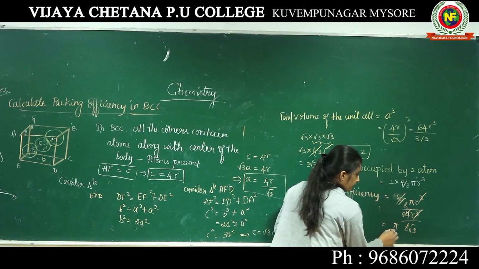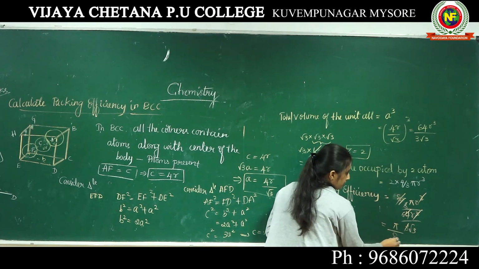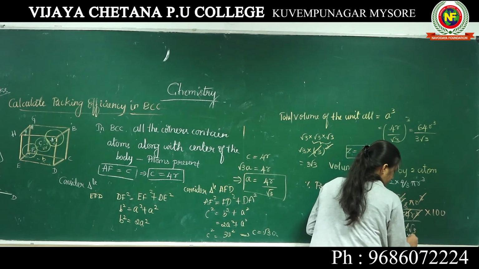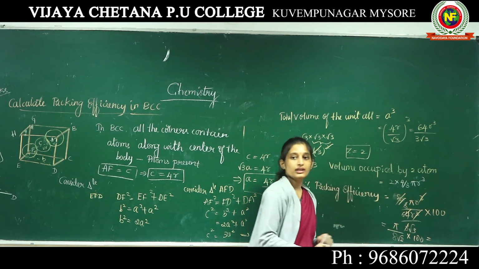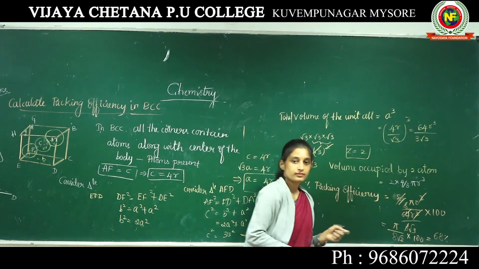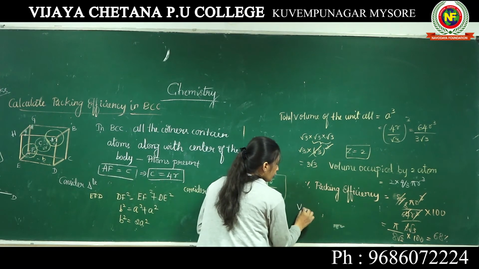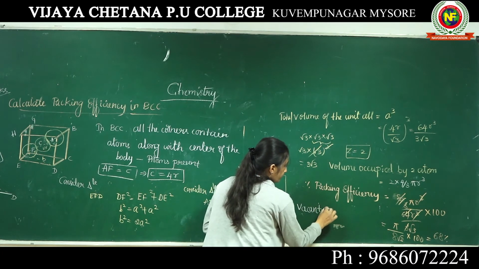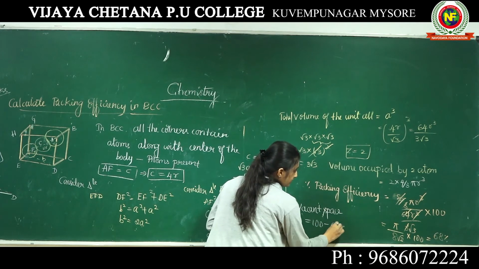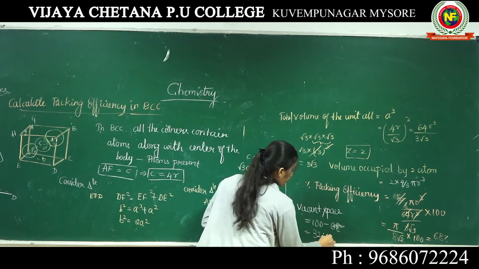Pi by 8 root 3. If you solve this, you will get 68%. So packing efficiency is 68%. The remaining we call vacant space. Vacant space is equal to 100 minus 68, it's nothing but 32%.